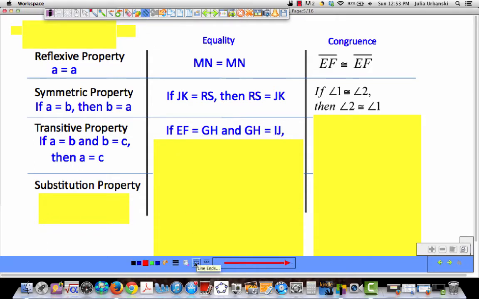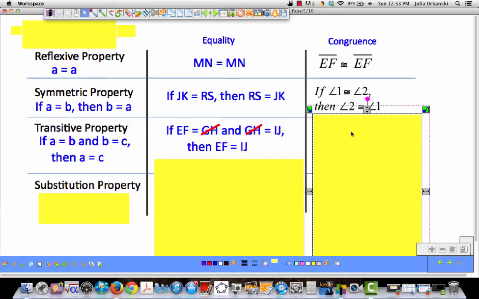Which or what would be equal to each other in this case? You can cross out the middleman, GH, and you can just say that EF ends up being equal to IJ. They're both equal to the same thing that makes them equal to each other.